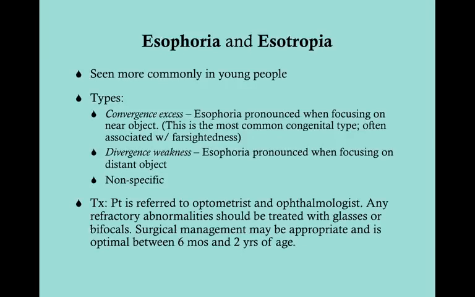They just reposition some of the extraocular muscles. You don't need to know any of that. But typically, surgical management is optimal between 6 months and 2 years of age.